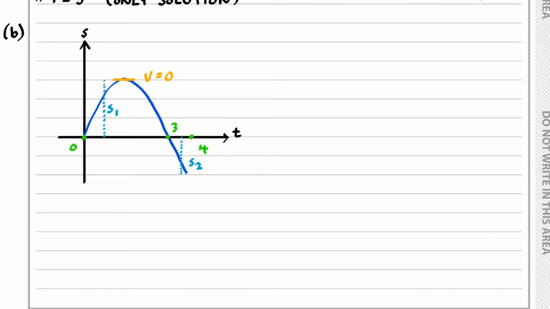And so, using v squared equals u squared plus 2as, we have 0 squared equals u squared, that's 14.7 squared, minus 2 times 9.8 multiplied by S1.